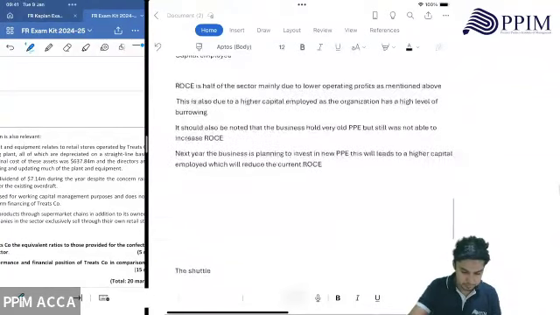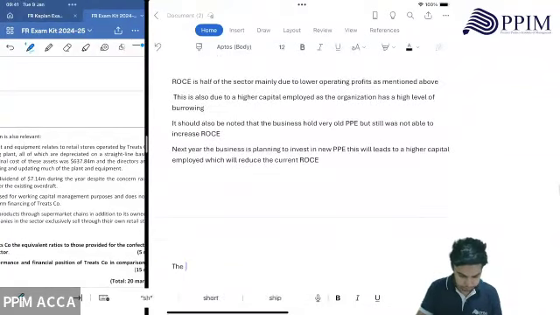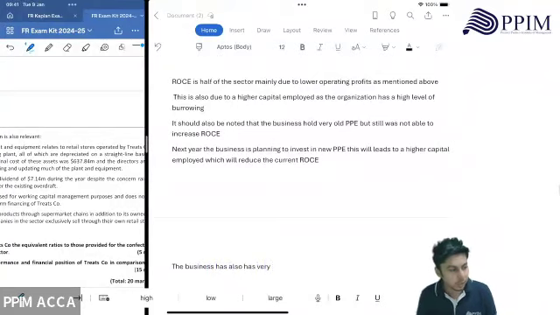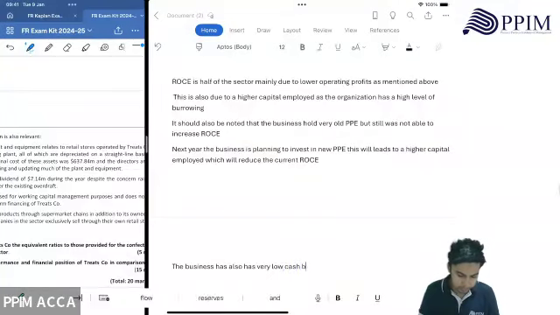The business also has very low cash balances, within brackets overdraft, and high borrowings.